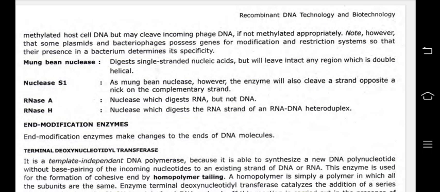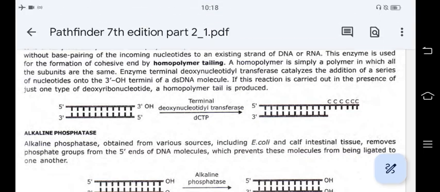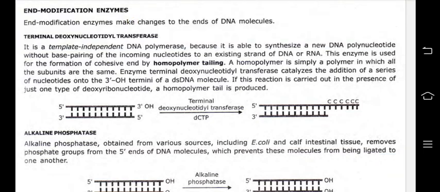Terminal deoxynucleotidyl transferase is a template independent DNA polymerase, because it is able to synthesize a new DNA polynucleotide without base pairing of the incoming nucleotides to an existing strand of DNA or RNA. This enzyme is used for the formation of cohesive ends by homopolymer tailing. A homopolymer is simply a polymer in which all the subunits are the same.